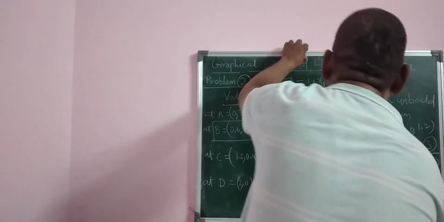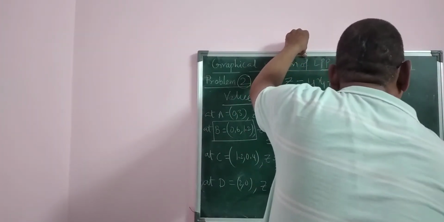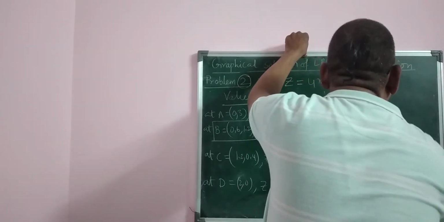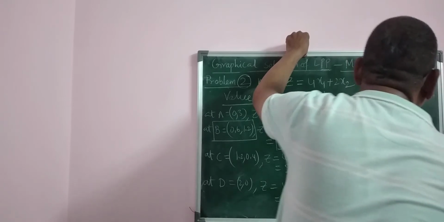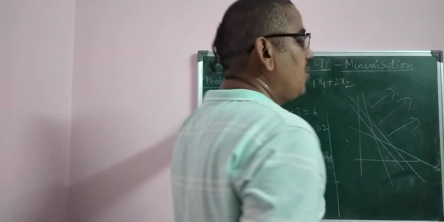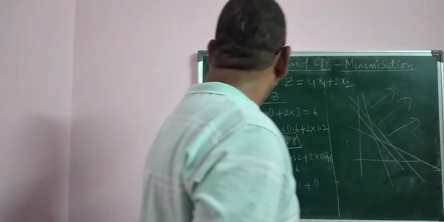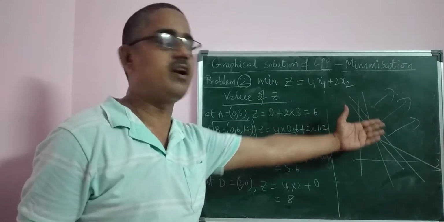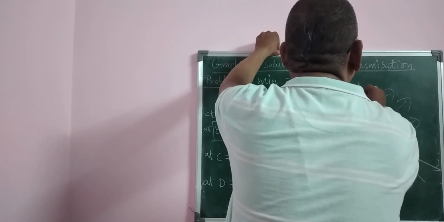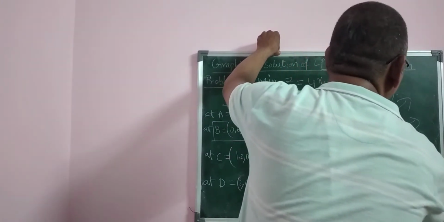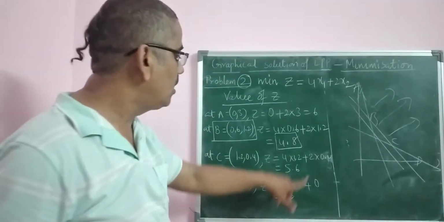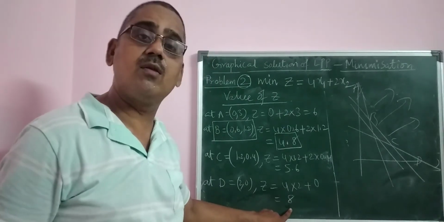Now I will draw the graph and explain. For example, this is the graph and these are the particular values we have identified, and this is the common unbounded region. We have calculated the values at A, B, C, D like this. Among these, we have calculated one value which gives 8, and this is the maximum among these values, no doubt.